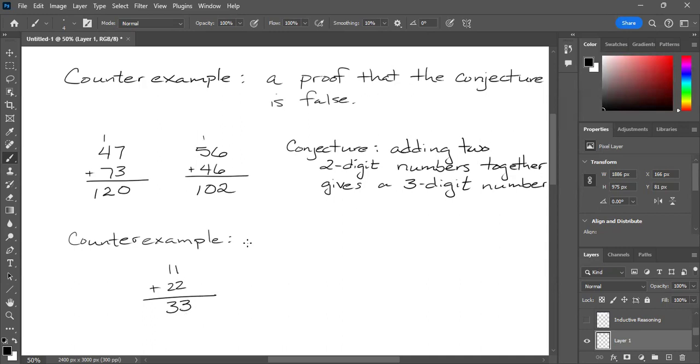And this is important because if you can come up with one example that proves the conjecture is false, then the conjecture is false. And that's something that a lot of people are forgetting. A lot of people are forgetting that that's how science works.